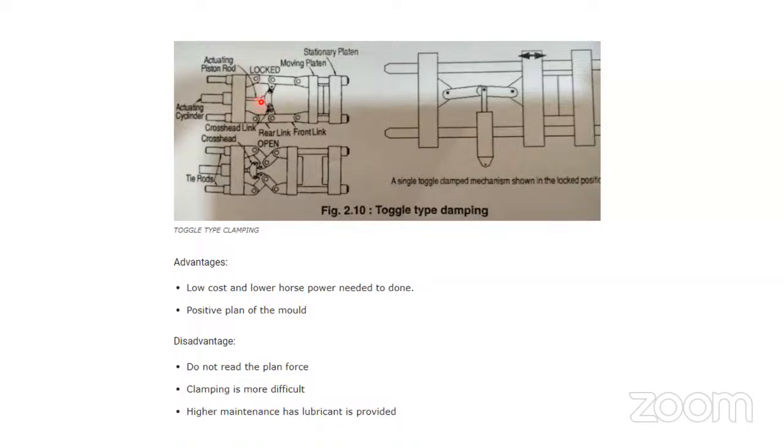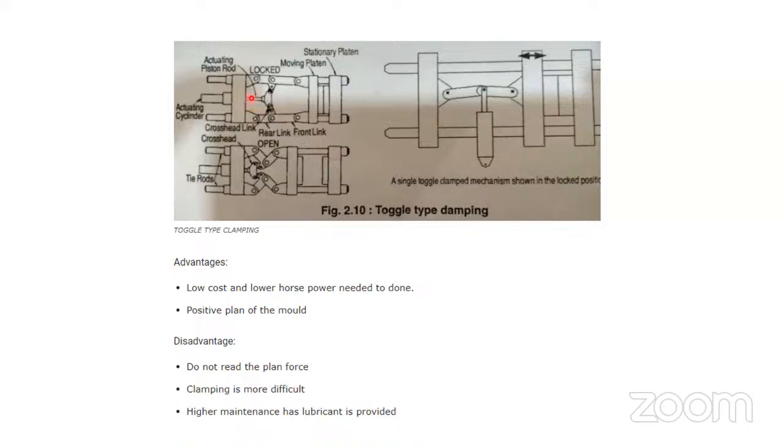Now when this goes back like this, the mold will open. Now it is straight, therefore the mold is in a closed condition. See, this is the stationary platen, and the movable platen. This is the mold here, all right? And these are mechanical links.